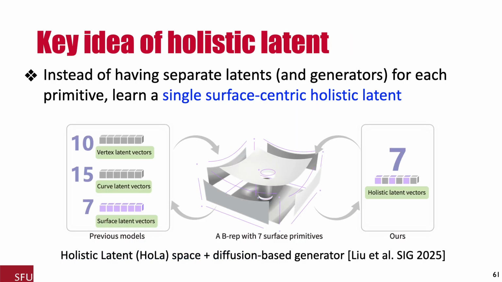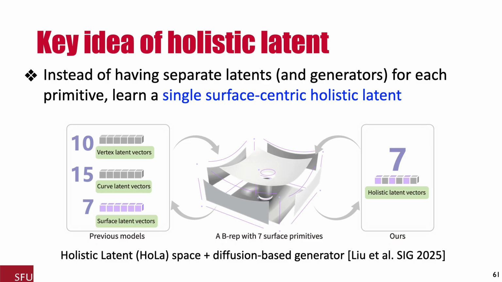The key idea, which has some similarity to split and fit, is that all the previous generators were separate. They have surface generators, curve generators, and vertex generators, and they also have to worry about the topology. So we have a holistic latent representation that is only based on surfaces.